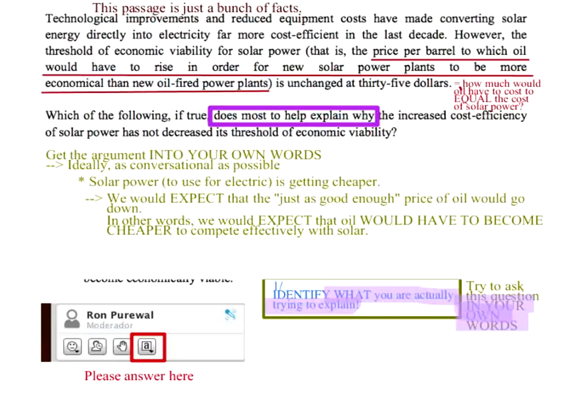The passage says, whoa, wait a minute, that's unchanged. In other words, the passage says that oil continues to be competitive with solar at the same price.